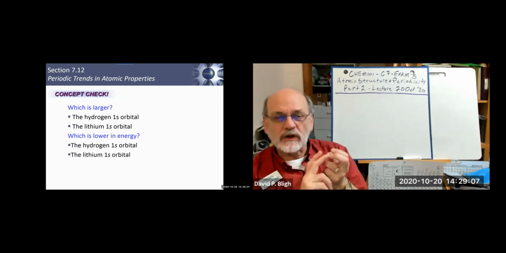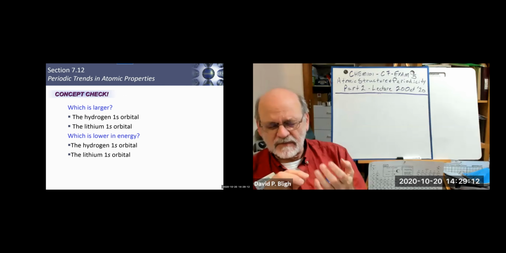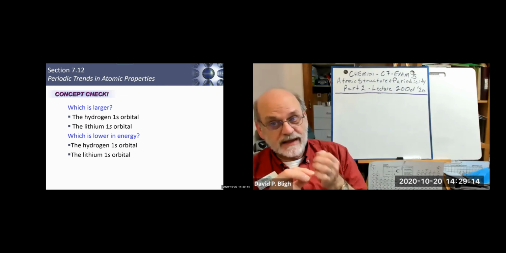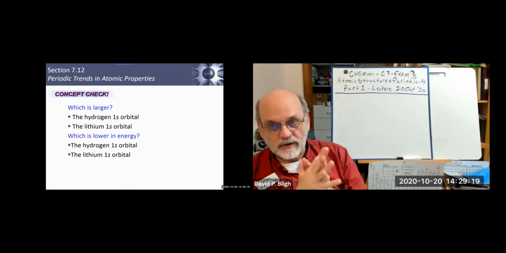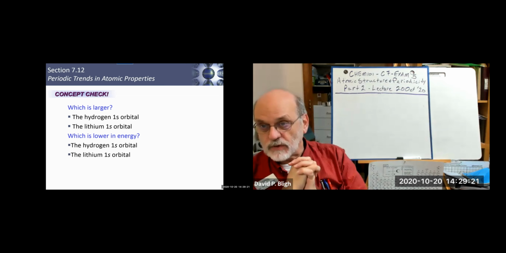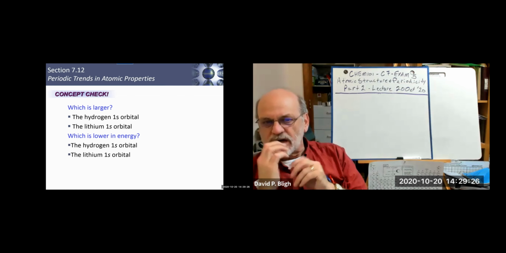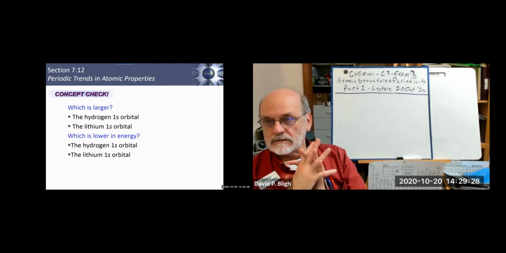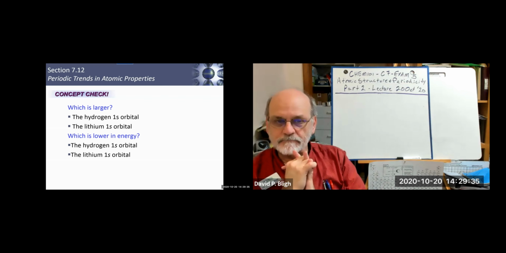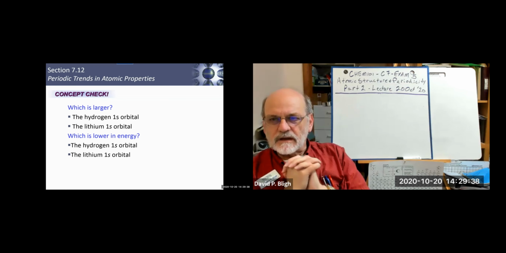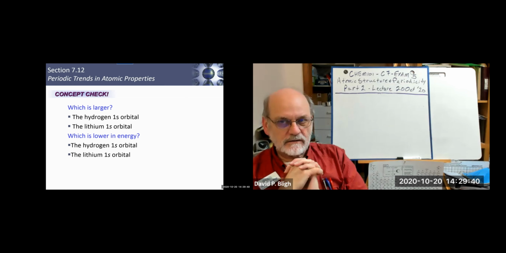I alluded to this earlier. They may have the same number and letter, but that doesn't mean they're the same physical orbital. They'll have similar shape because they're both s orbitals, which is spherical. They'll have generally similar energy levels because they're both principal quantum number 1, but they should have a different size.